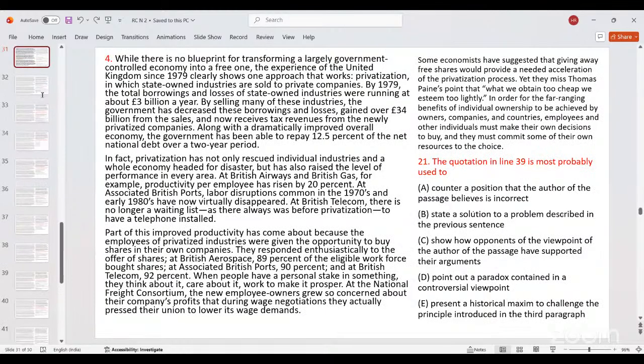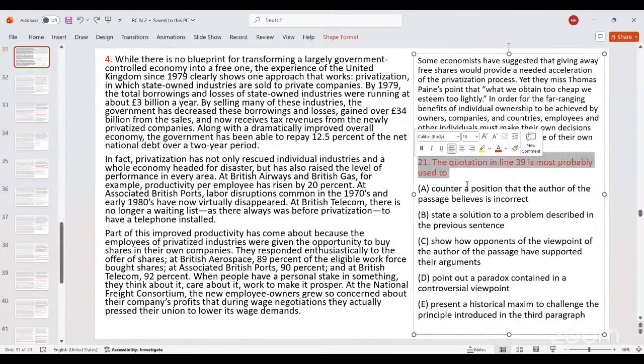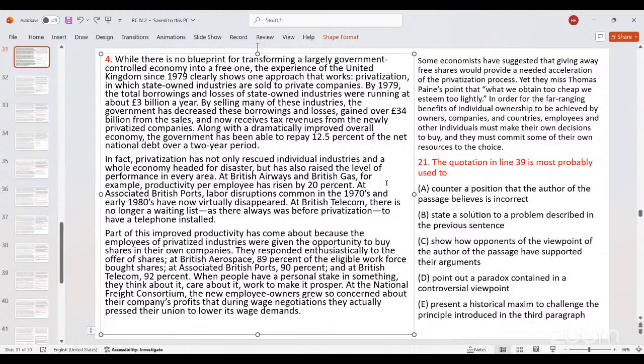Yeah. So look here. The quotation in line 39 is most probably used to. Here this is called used for what? Line 39 has been used for what? For a certain reason. Because it is the quoted one. This is your quoted one. What we obtain too cheap, we esteem too lightly. So what role is it playing here?